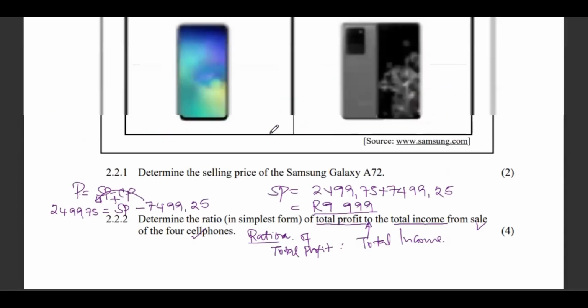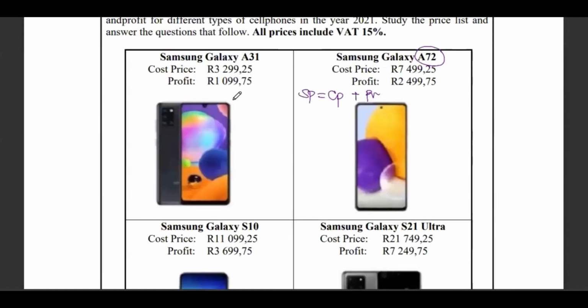So let's go up there. We find out the total profit. We shall get the profit here. Profit 1 plus profit 2 plus profit 3 plus profit 4.